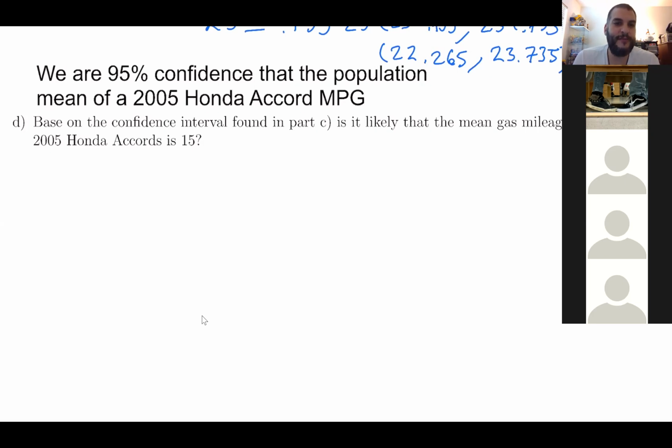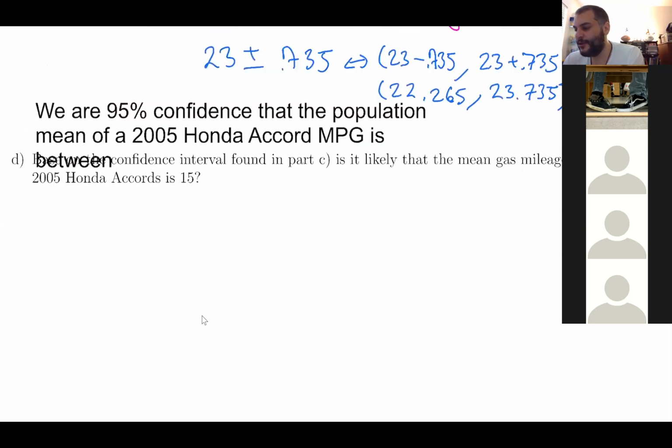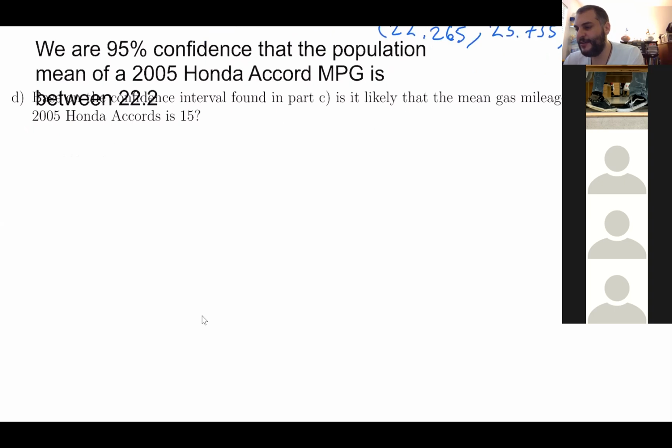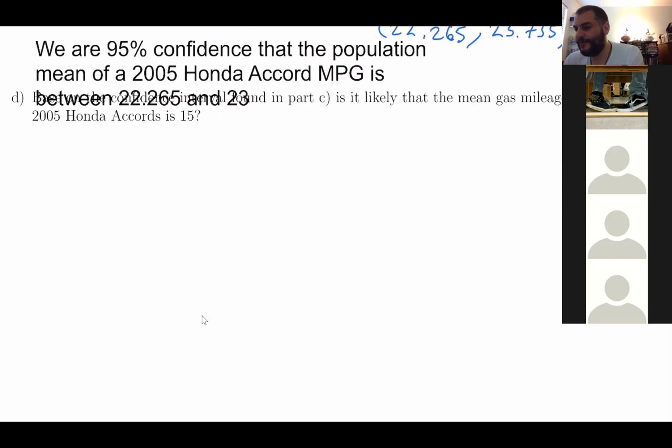So we're going to say we are 95% confident that the population mean of a 2005 Honda Accord MPG, which is the miles per gallon. And then you want to put the confidence interval that you found. So we'll say the MPG is between, and then you put the confidence interval. The confidence interval was 22.265 and 23.735.